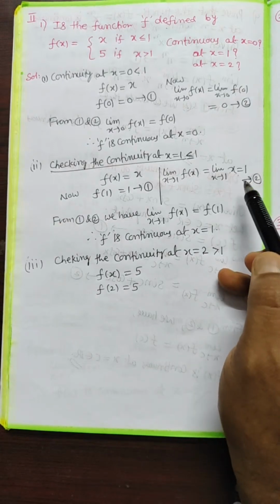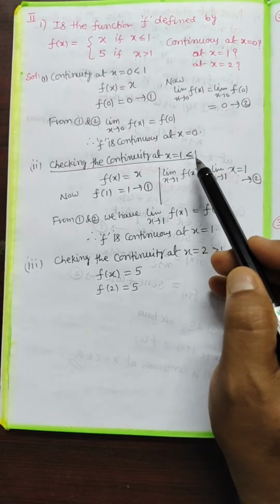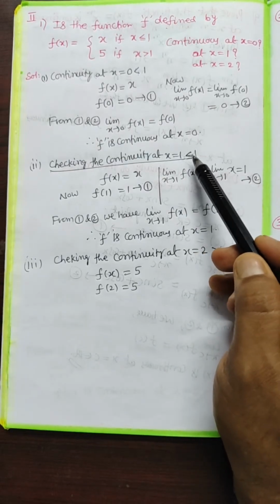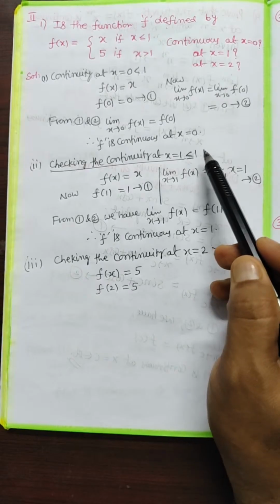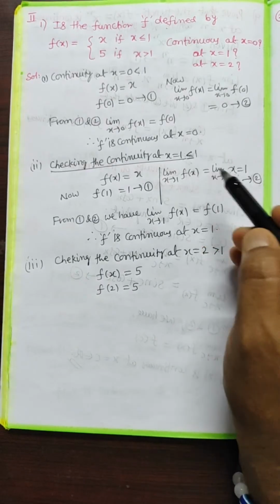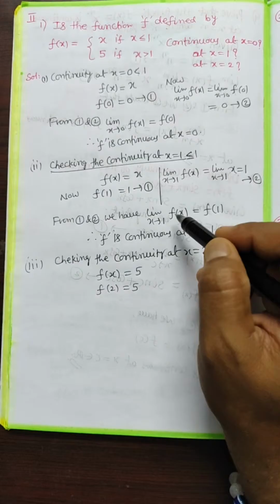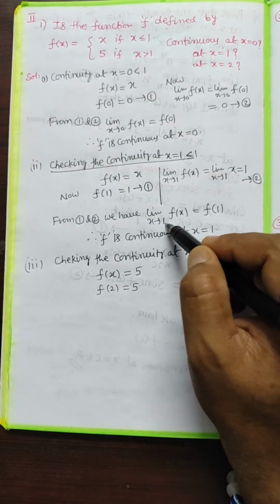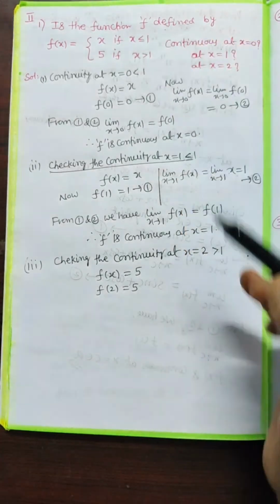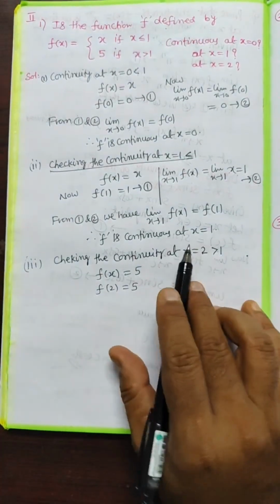So dear students, here you remember, left and right hand limits we can calculate. Limit x tends to 1 means here 1 plus and 1 minus are there, no?